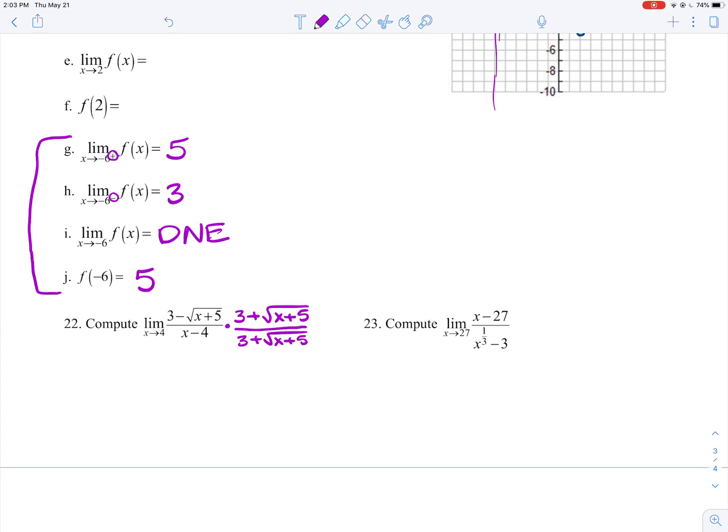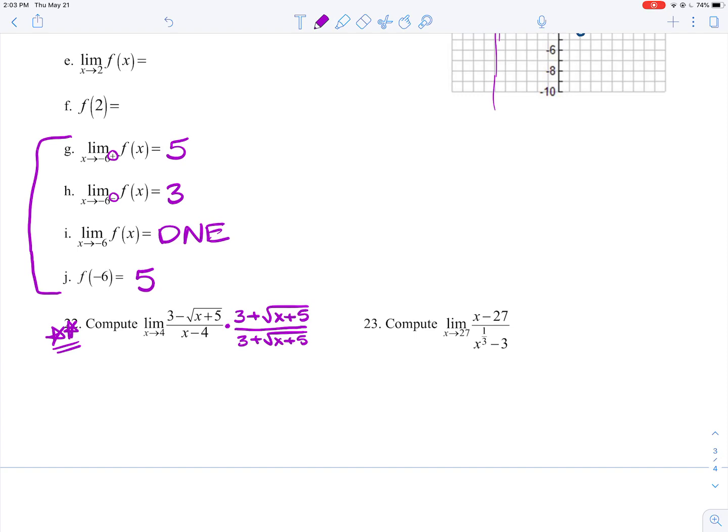And when you clean that up, you're really going to end up with being able to cancel out. So 22 is definitely a challenge problem, but check the key, see if you can figure it out. If you can do 22 on your own, then you're really understanding the math. You're doing good for pre-calculus, and you're on the right track if you're planning on doing AP Calc next year.